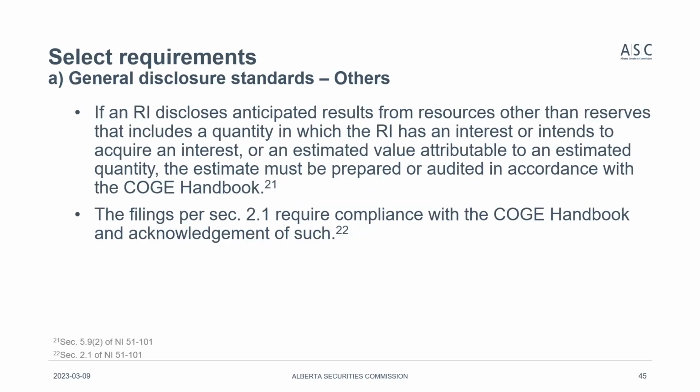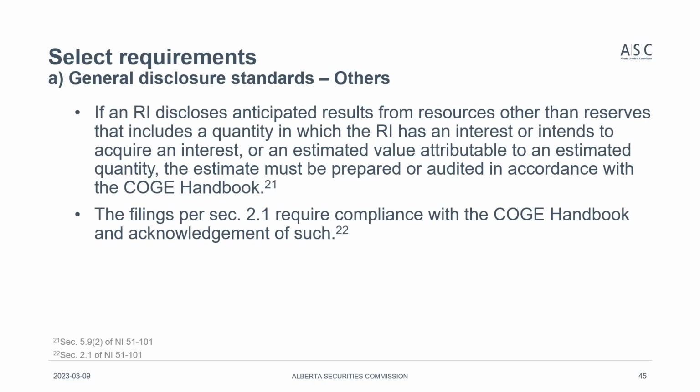And then lastly, if a reporting issuer discloses anticipated results, now this is a bit of a mouthful here, anticipated results from resources other than reserves that include a quantity in which the reporting issuer has an interest or intends to acquire an interest, or an estimated value attributable to an estimated quantity, those estimates must be prepared or audited in accordance with the COGE Handbook.